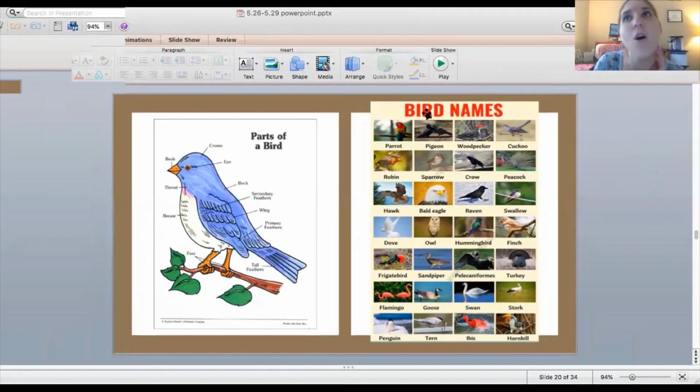So there are so many different kinds of birds in our world. Oh my goodness, just look at all of these just on this paper here.